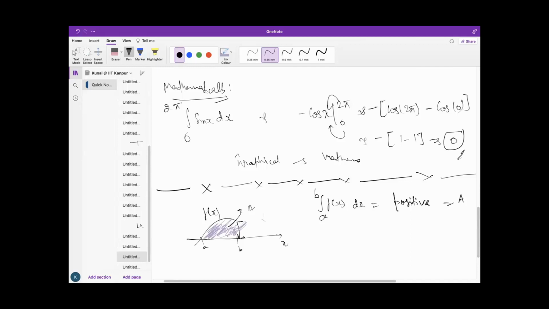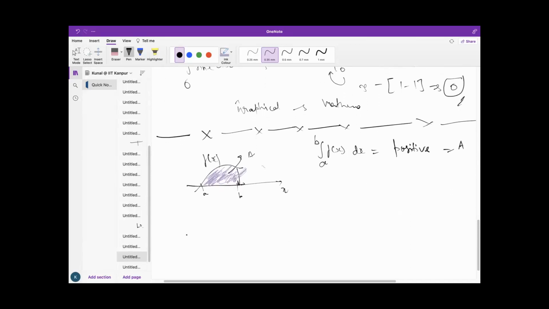And the second thing you have to notice, this is our x-axis, and let us suppose this is our graph. There is A, there is B. So this is our region, and its area given is A, but it lies below the x-axis.